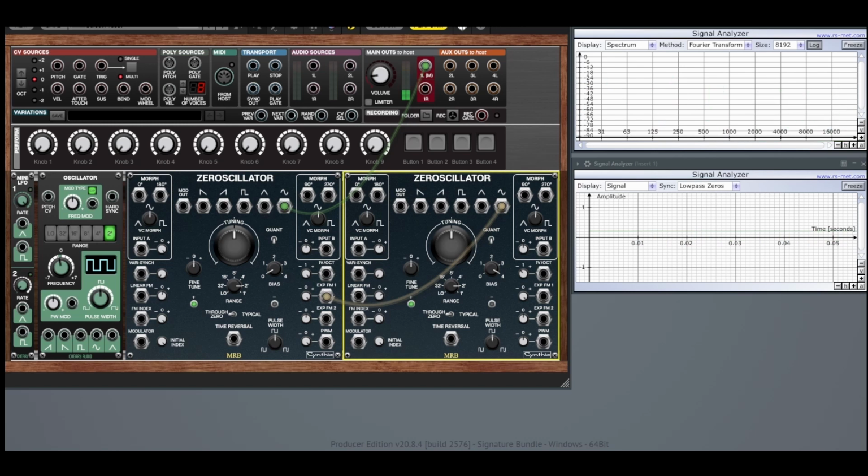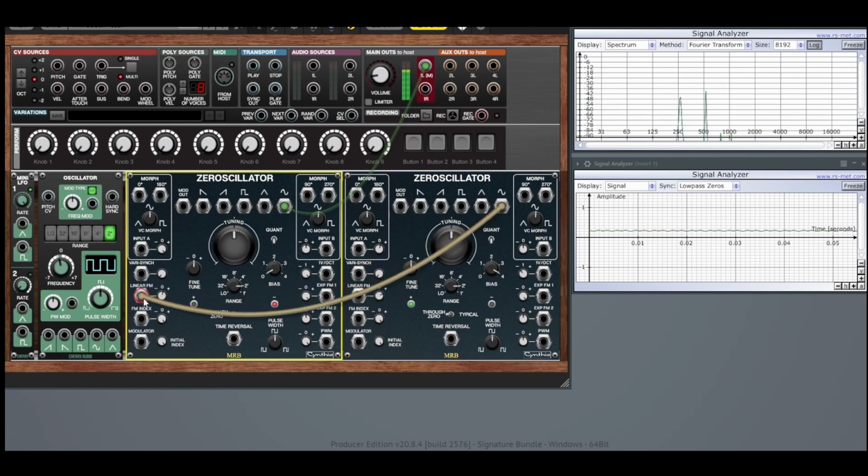But when I use the linear FM jacks, the Zeroscillator suddenly comes to life again in both modes, typical as well as through zero. Well, we know linear FM can deal with zeros, as we have seen in the previous theory parts.